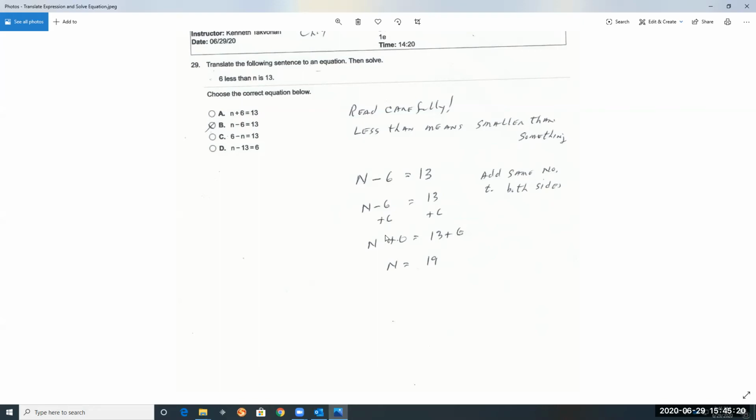But when it shows up on the right-hand side, it's always the opposite. So that's a little quicker way of doing the problem. Just make the -6 disappear, leave the n, and write the opposite of -6 on the right-hand side. That gives me the answer of 19. That's just a little faster way of doing things.